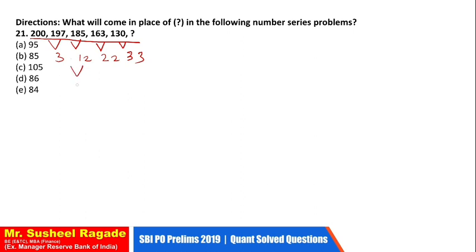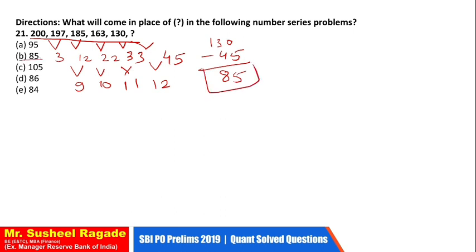So this is 9, this is 10, then 11, and obviously it should be 12. So if this is 12, then at this place it should be 45, and then 130 minus, we are subtracting. So 130 minus 45 is equal to 85. So 85 is the answer.